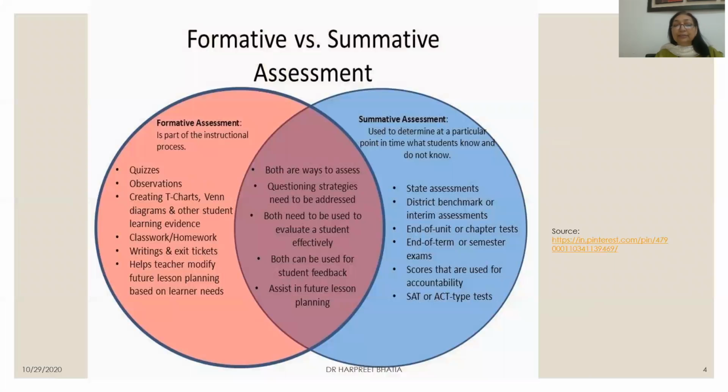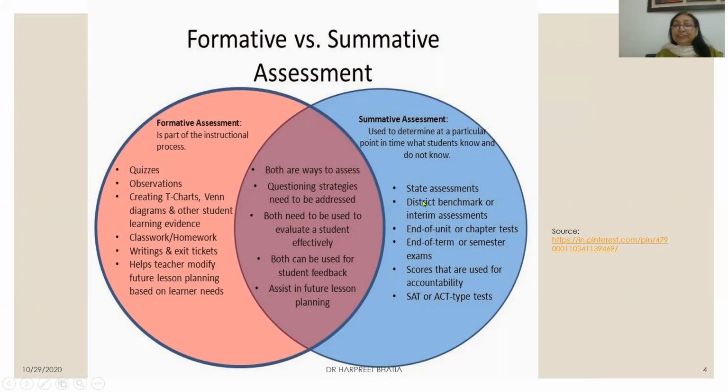So these are summative assessments. Let's see what is the difference between the two. As we can see here, the formative assessments are quizzes, any of the observations that you made, who are the students who participate more in discussions, whom do you have to push to give some answer in the class, classworks, homeworks, all the written work, everything that we do in the class is what we refer to as the formative assessment.